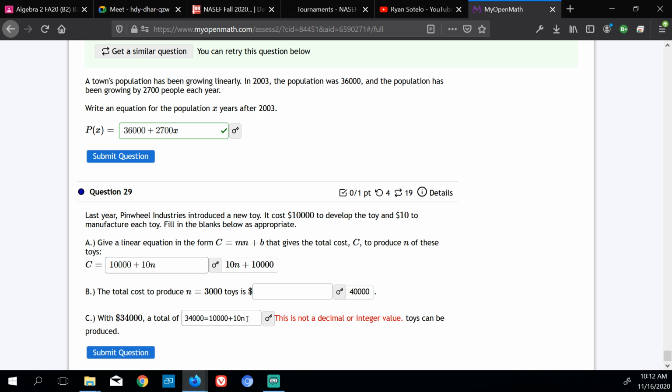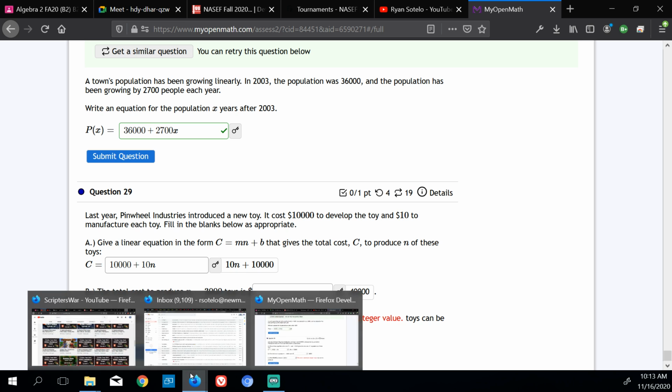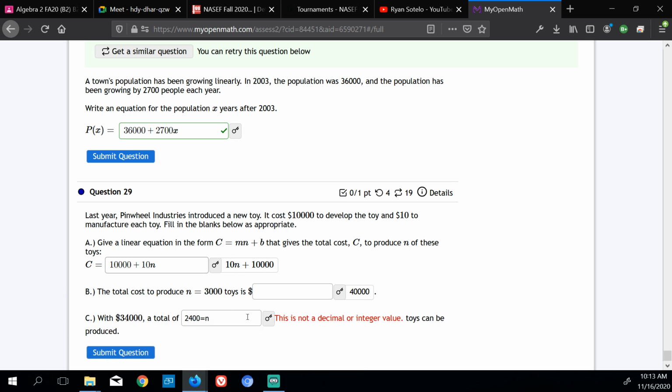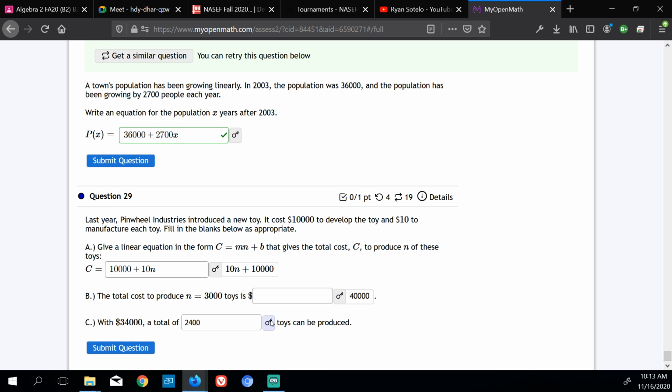So I've got to figure out what n would make that true. So I'm just going to solve this equation. You can subtract 10,000 from both sides. That would make this like so. And I divide by 10. So the answer should be 2,400. Oops, I forgot to answer that one.